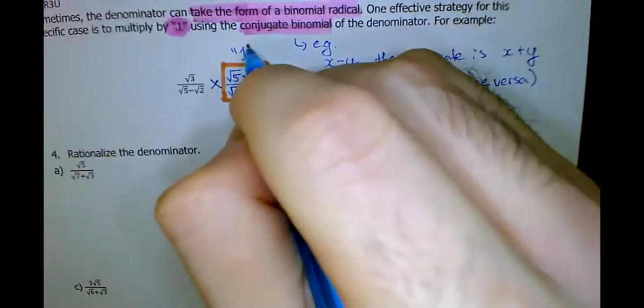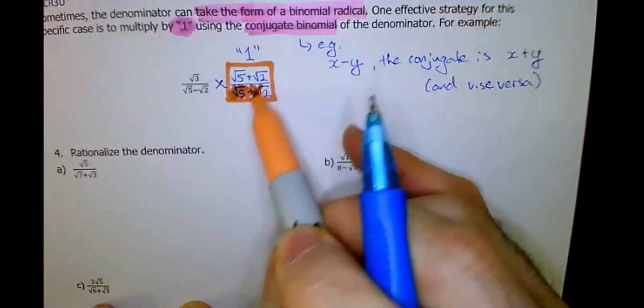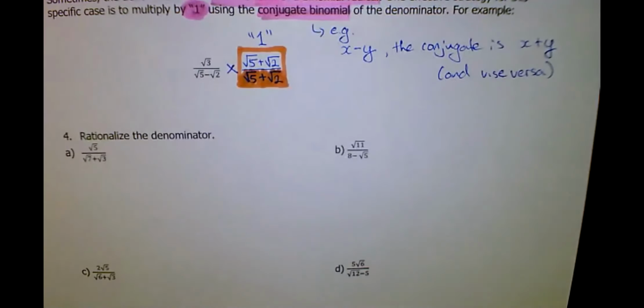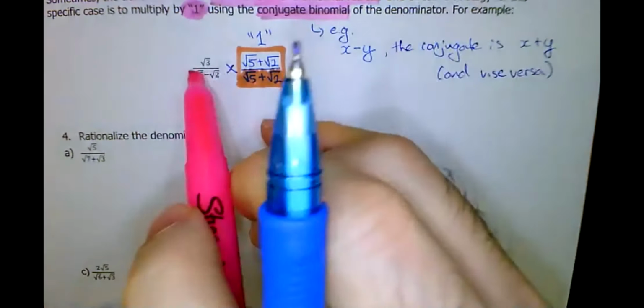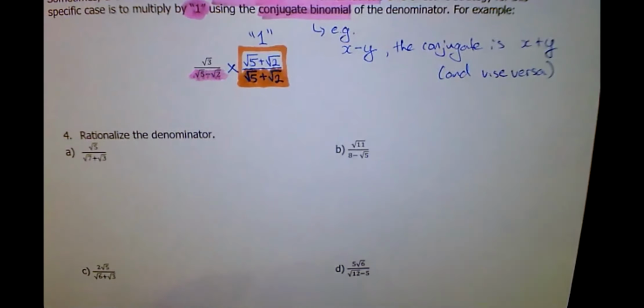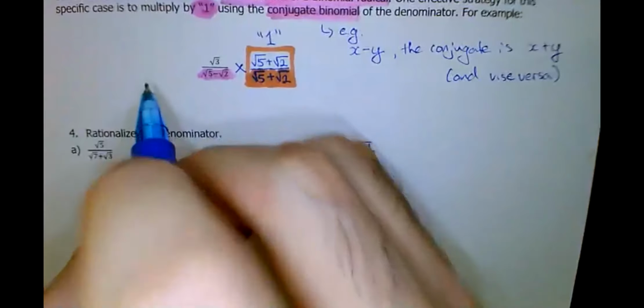That's still a 1. But the denominator here is the conjugate of the denominator here. That's going to be a tip. That's going to be a technique, so to speak. And let's see it in action.